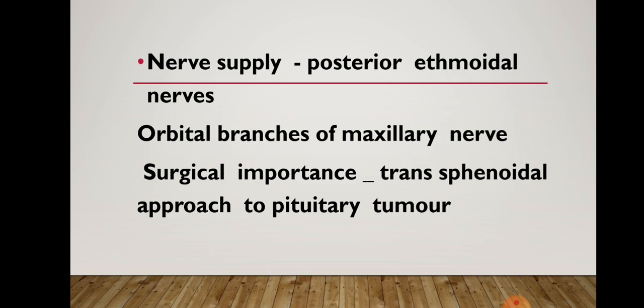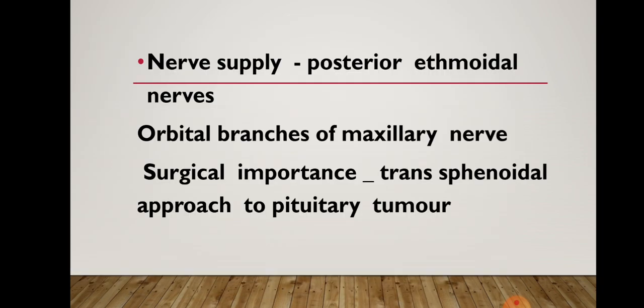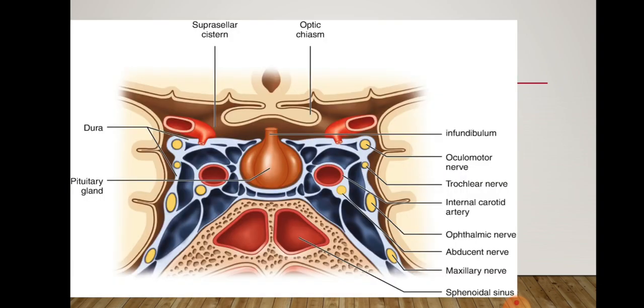Okay, nerve supply. This sphenoidal air sinus is innervated by the posterior ethmoidal nerves and the orbital branches of the maxillary nerve. An important thing here is that since the pituitary gland is related to the roof of the sphenoidal air sinus, the pituitary gland can be easily approached through this sinus.